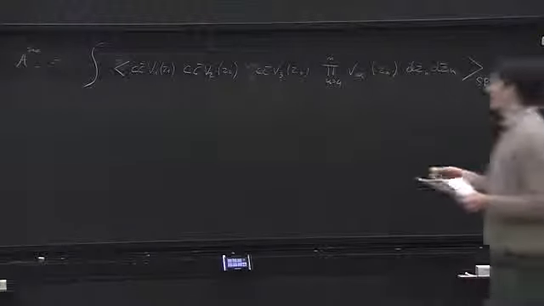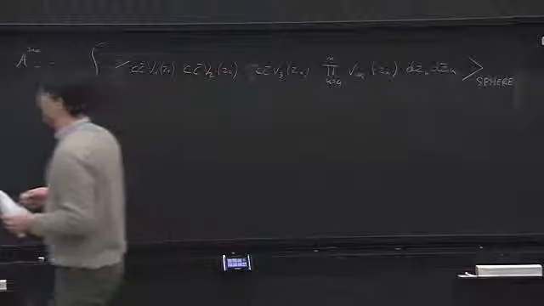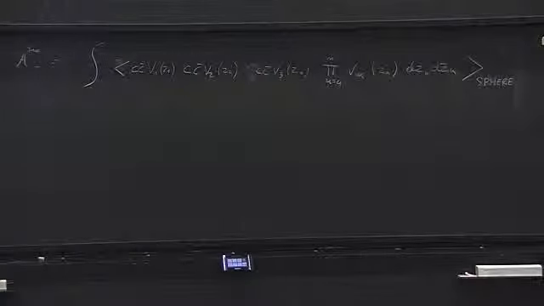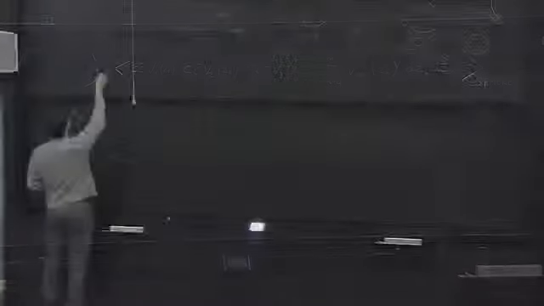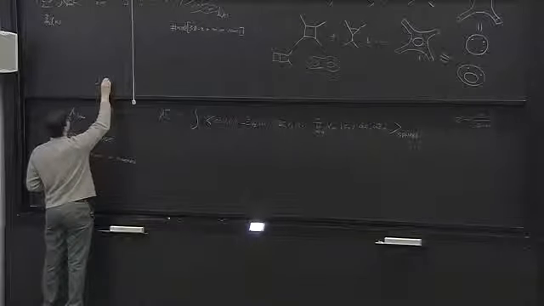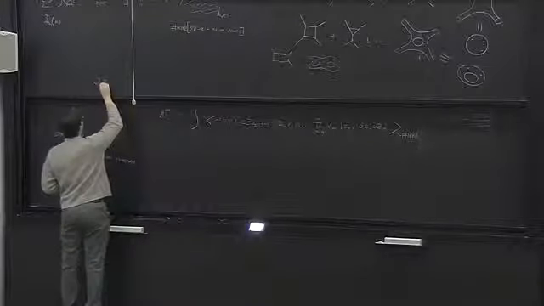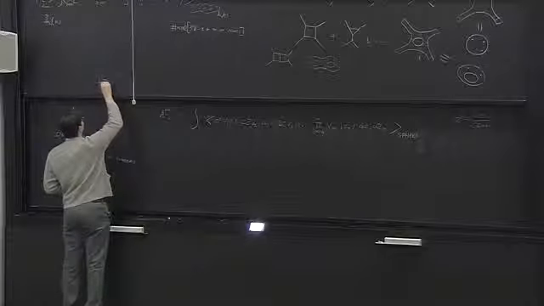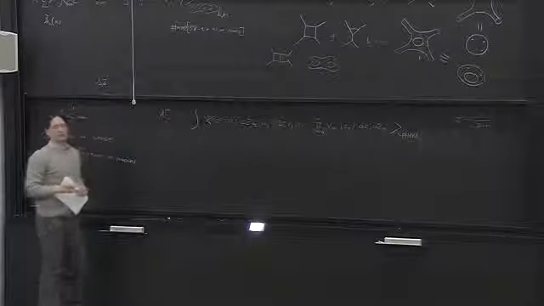Now let's see if it makes sense. Yesterday we mentioned that the way operators transform is controlled by the eigenvalues of L naught and L naught bar.